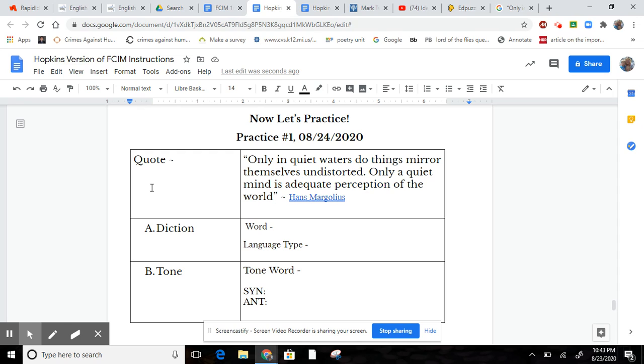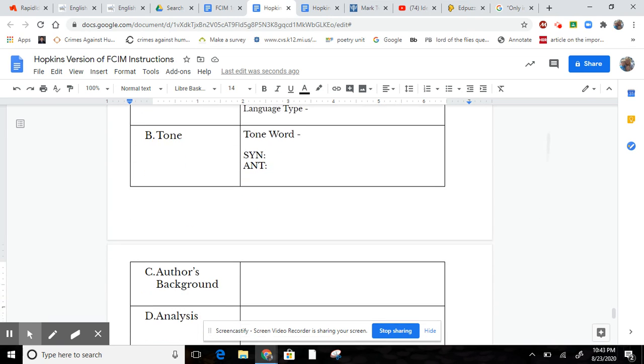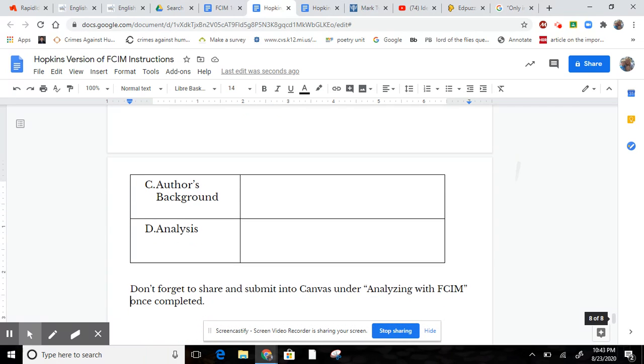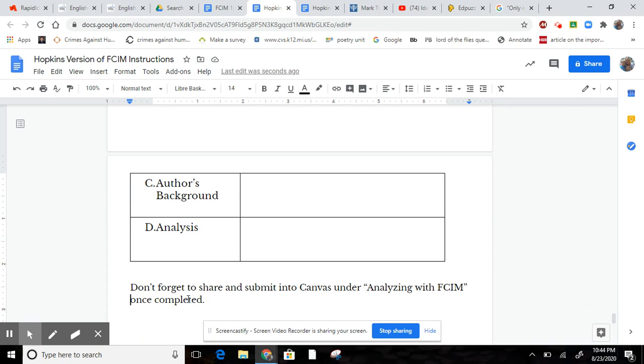Practice, go back, apply, look at our examples, and let's see how you do as a first practice. When you finish, make sure you've completed A, B, C, and D. Don't forget to share so I can view, and then submit into Canvas under Analyzing with FCIM once you've completed.